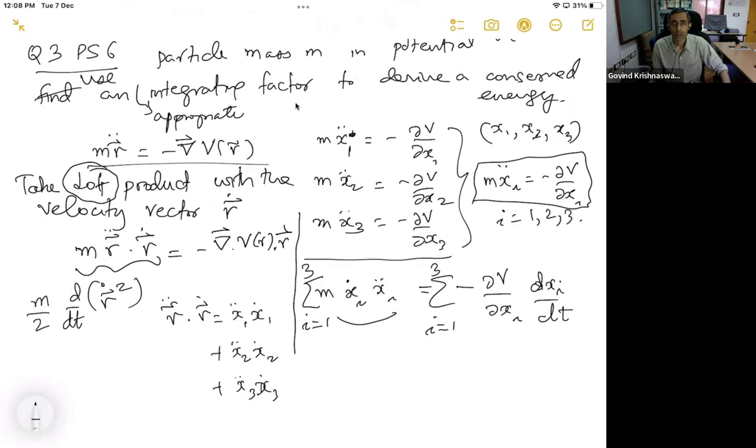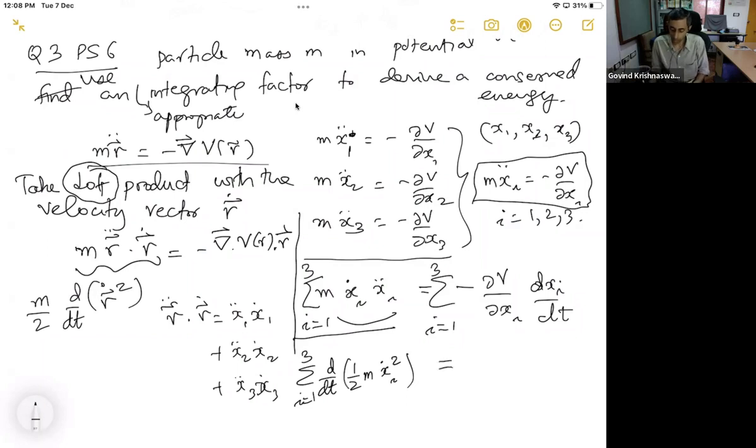Okay, so let me complete this brief discussion. Now it is easy, bearing in mind that there is a sum, this can be viewed as d by dt of half m xi dot squared, where again there is a sum over i, 1 to 3. It's very important to realize that there is a sum.